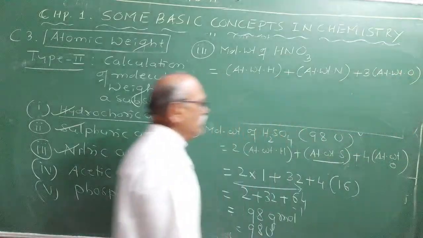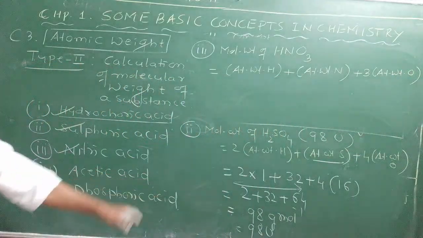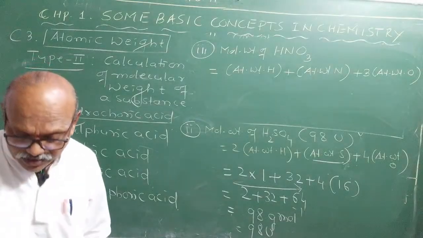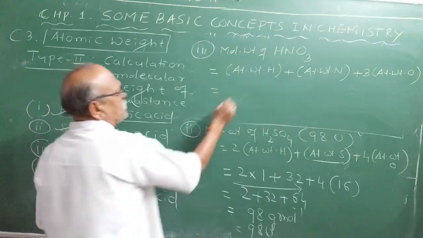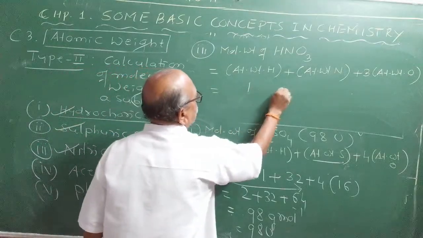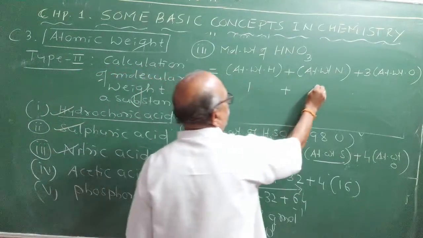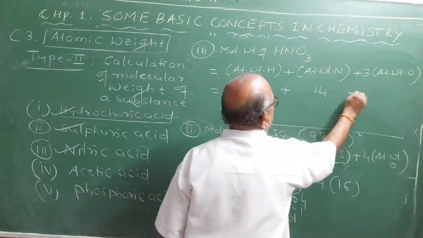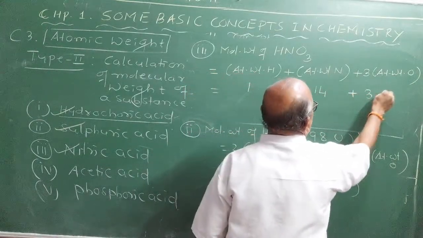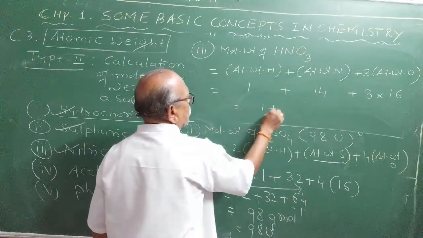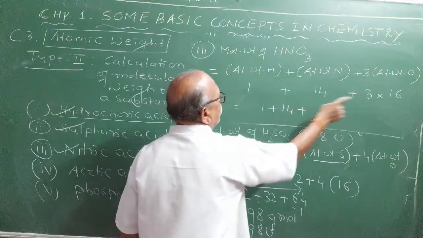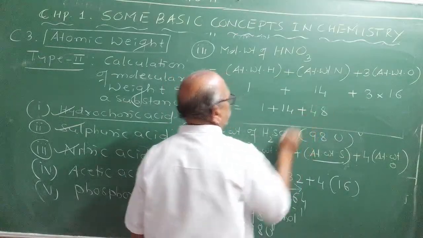Now learn them. Not only learn them, memorize them for quick calculation in competitive exams. What is the atomic weight of hydrogen? For calculation purposes it is 1, plus the atomic weight of nitrogen is 14, plus 3 times atomic weight of oxygen, which is 16. Now calculate. 1 plus 14 plus, 16 threes are 48.